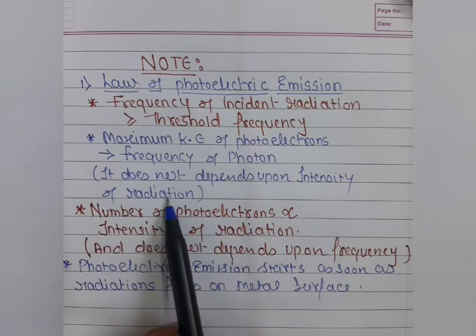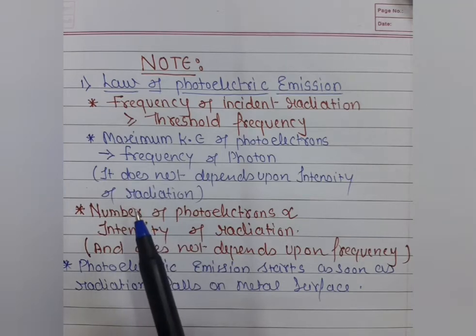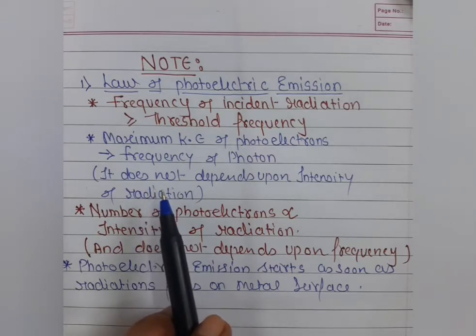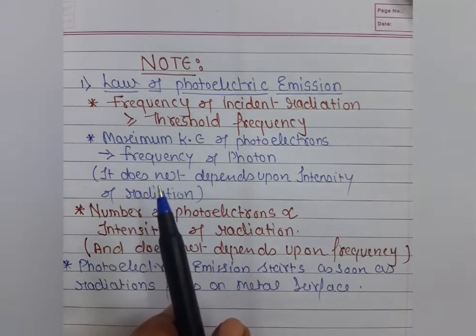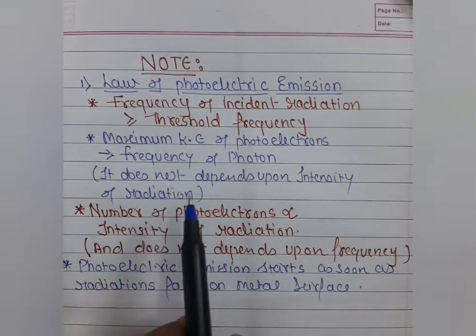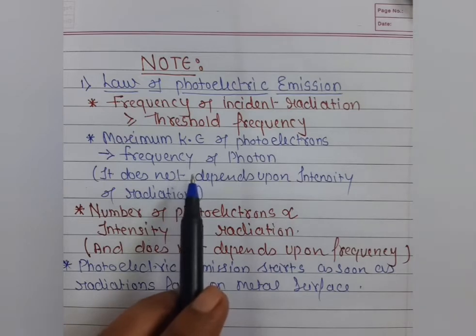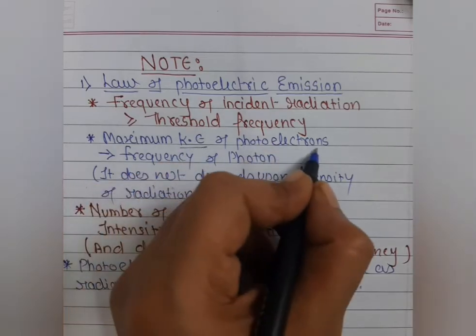Suppose I am taking yellow light, clear? The yellow light has, say, 1 watt power, and the 1 watt power ejects 2 electrons, suppose. Now when we increase the light power to 2 watt, the 2 watt power never increases the energy of the electron, always remember.